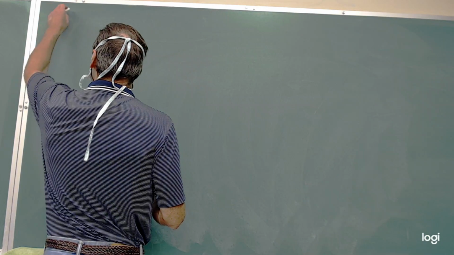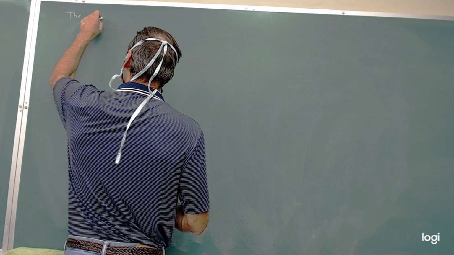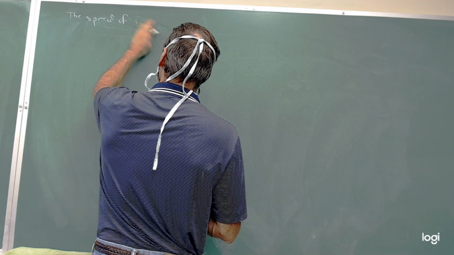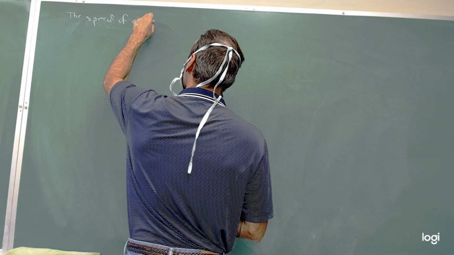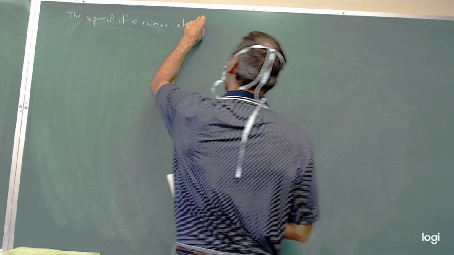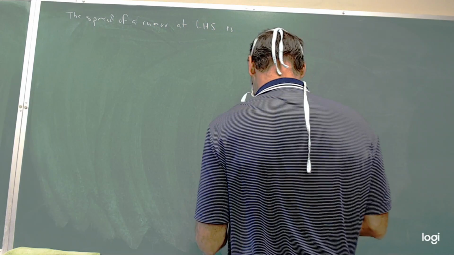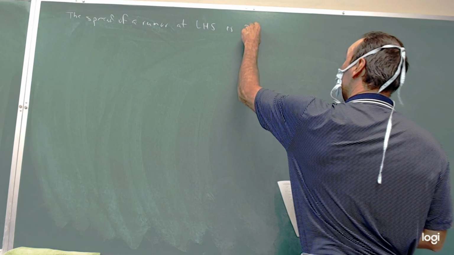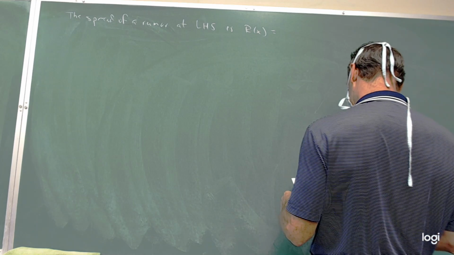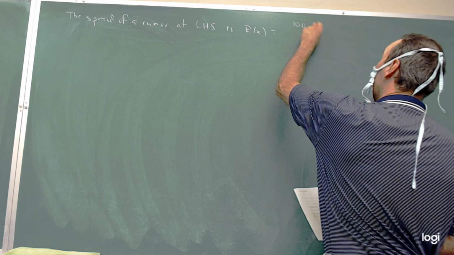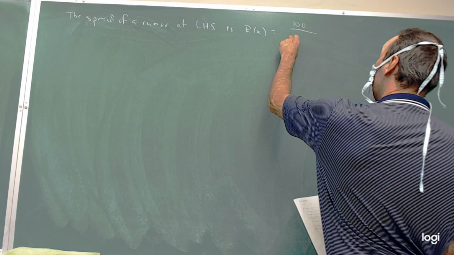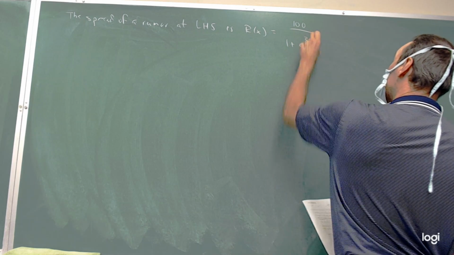So let's say the spread of a rumor at LHS is modeled by R of t equals 100 over 1 plus e to the 3 minus t power.